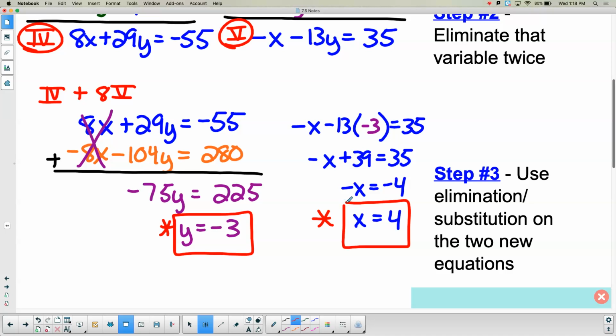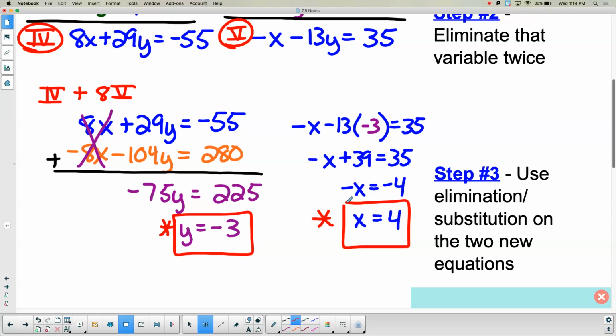Now what? Which one? Fourth equation? I already got x and y though. Now what? What do you got?